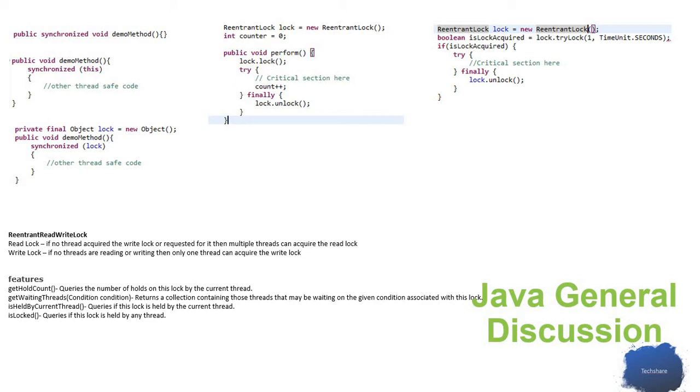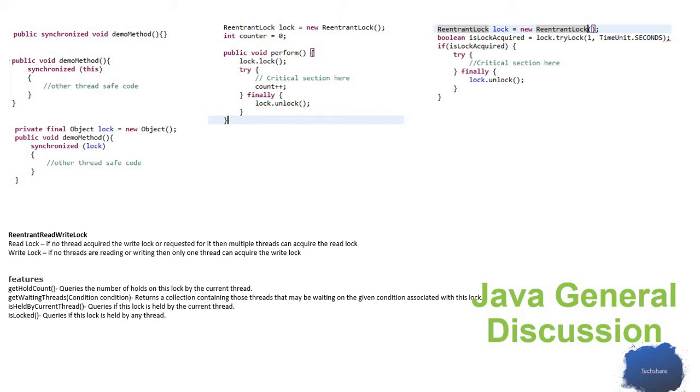But in this case, you are trying to lock explicitly, and it is your responsibility to make sure that you are releasing the lock. If this particular line is not executed, if the unlock is not executed, then you're going to be in big trouble.